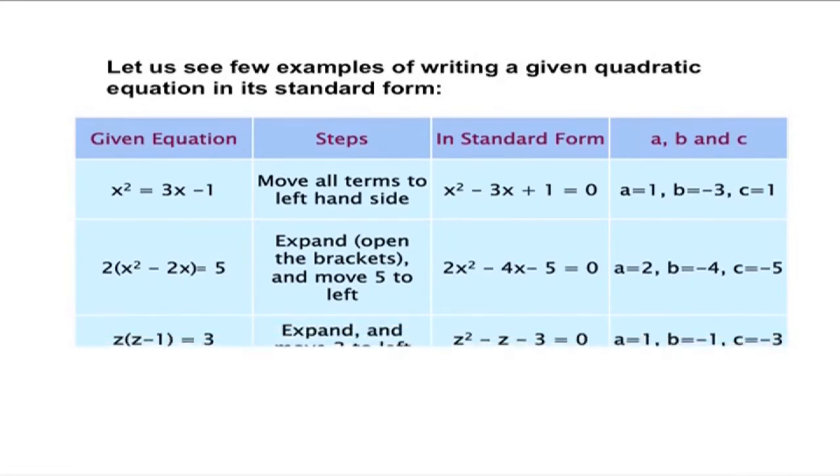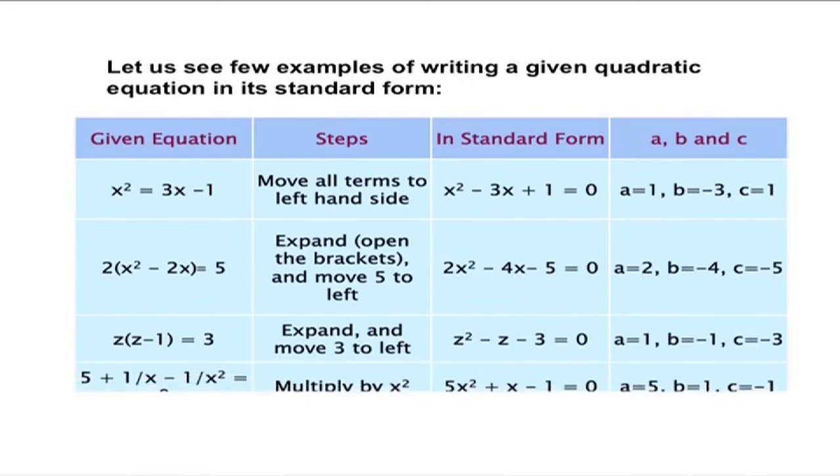And the third equation is z multiplied by z minus 1 equal to 3. Now you expand and move 3 to the left, and you will find z square minus z minus 3 equal to 0, where the coefficient a is 1, b equal to minus 1 and c is minus 3.